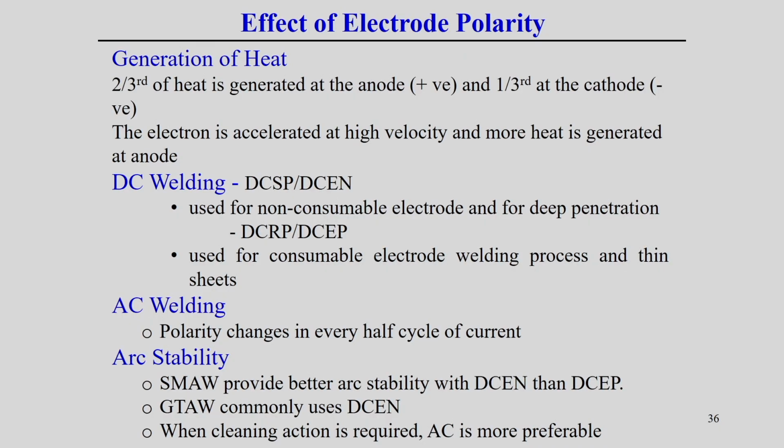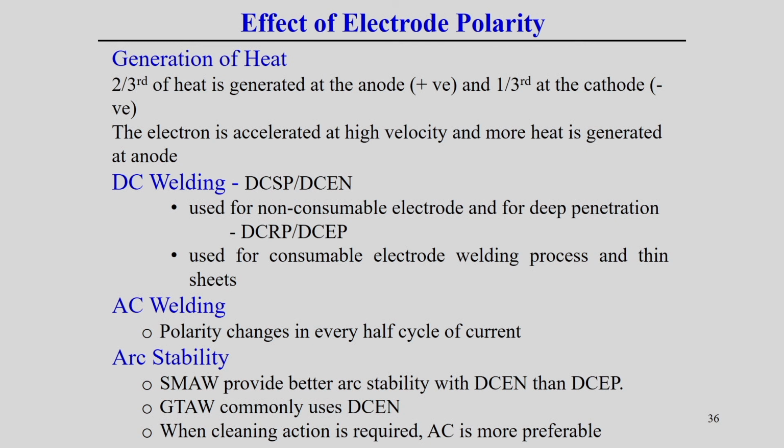electrode. But for a consumable electrode the reverse may happen, because a consumable electrode means, for example, the gas metal arc welding process, or the stick welding process. In this case it is necessary to consume the electrode more during this process.